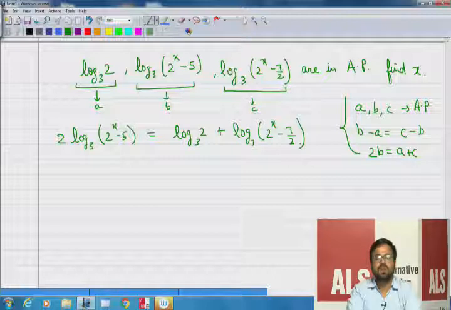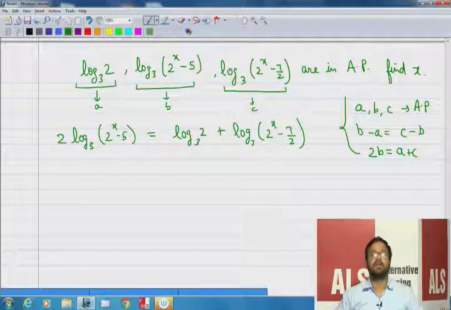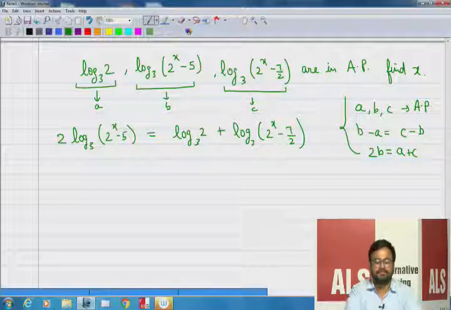Now again your aim in this question should be, whatever equation you have, try to eliminate the log from this equation, convert it into just a form of the variable x, and then try to solve it using the properties of the logarithm also. If you remember, in the last class I told you the multiplication property of the logarithm, division property of the logarithm, and power rule also. So try to use those and try to eliminate the log.